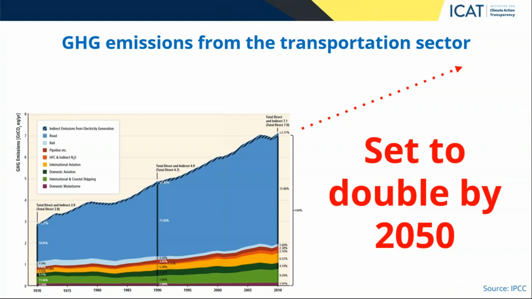Secondly, the main growth in transport is in road transport. You see the light blue wedge in the graph, which is road transport, and in 2010 accounted for over 70% of transport emissions.